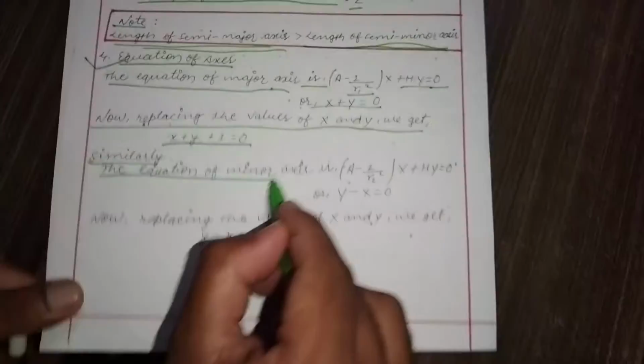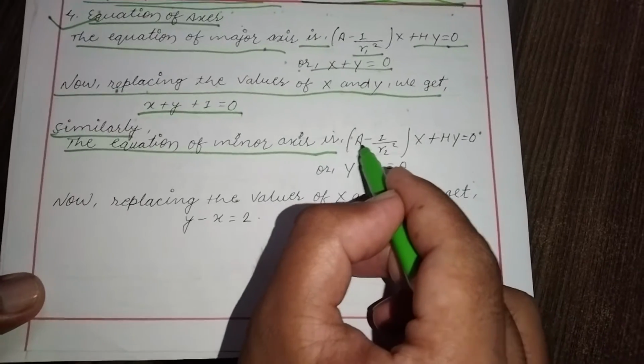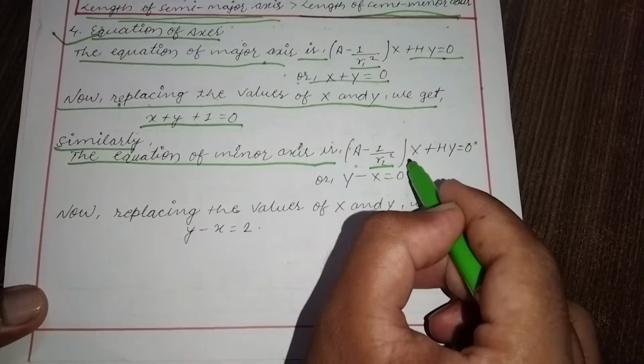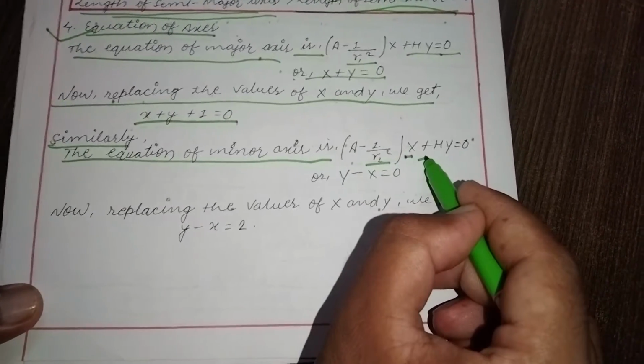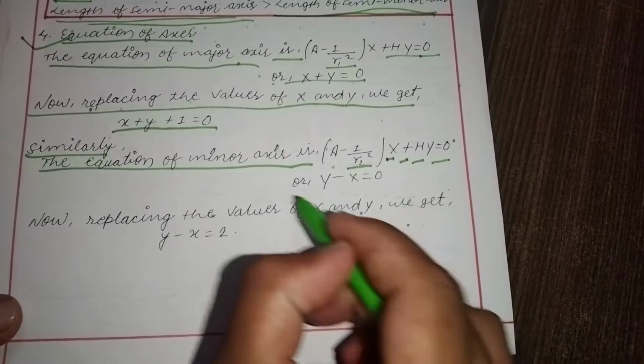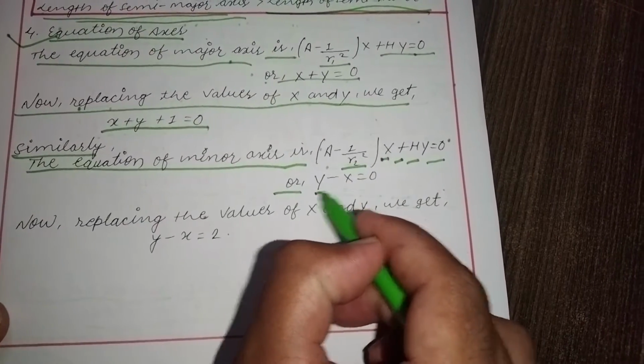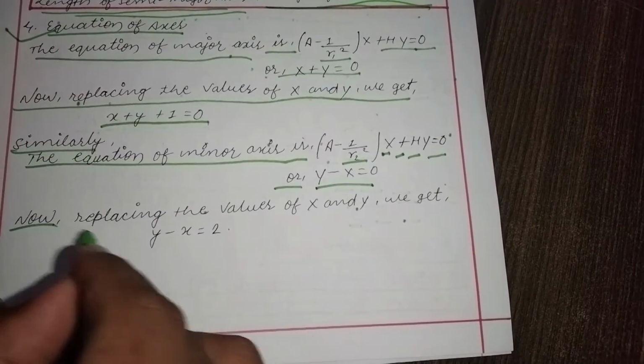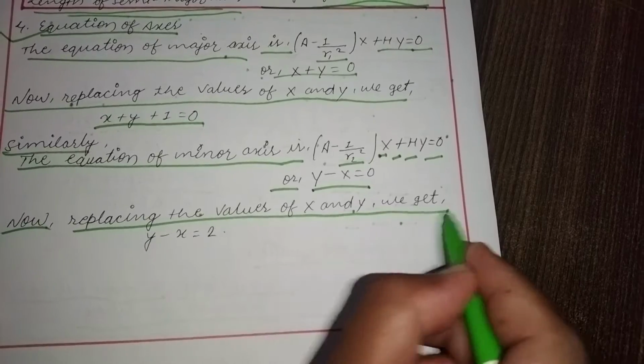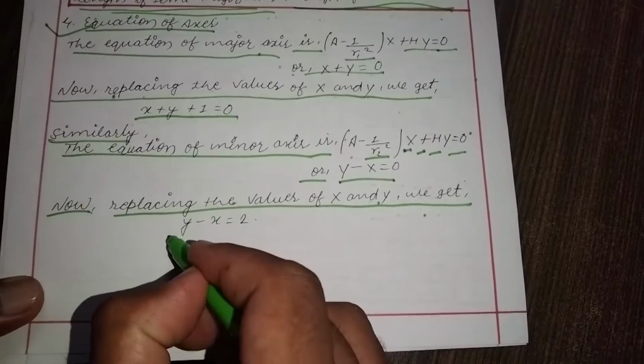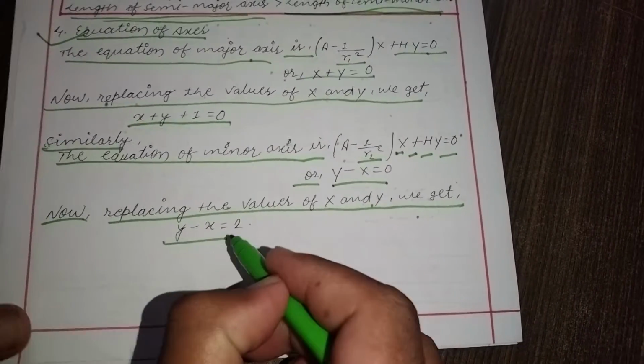Similarly, the equation of the minor axis is (a − 1/r2^2)x + hy = 0, or y − x = 0. Now replacing the values of x and y, we get y − x = 0.